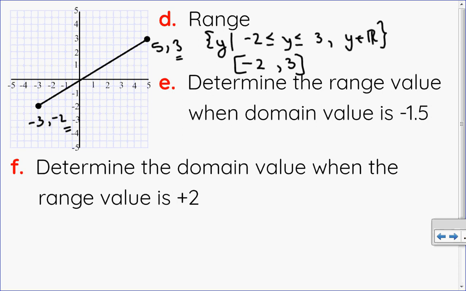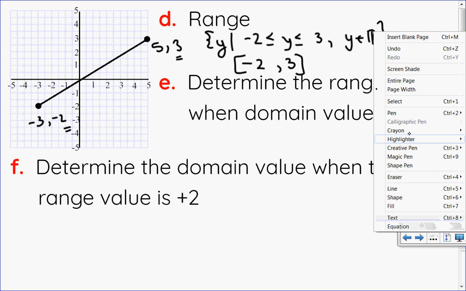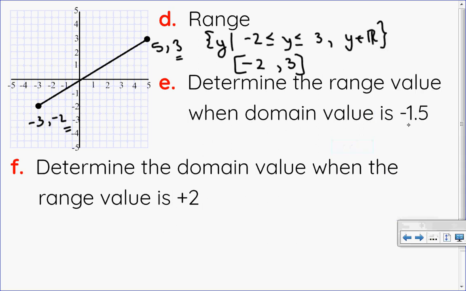Okay, my last two questions are determining specific values. I want to determine the range value when the domain value is -1.5. The domain value is along the x-axis. So when x is -1.5, that's right there. What is the range value? I read down to the graph, and then I can read across and see that my range value is -1.